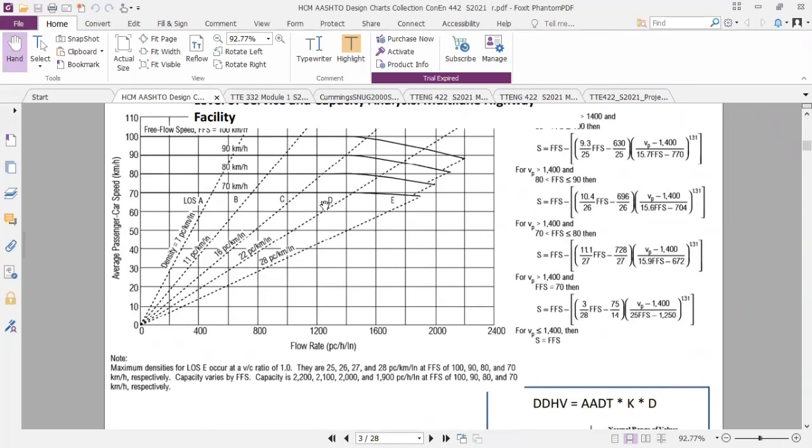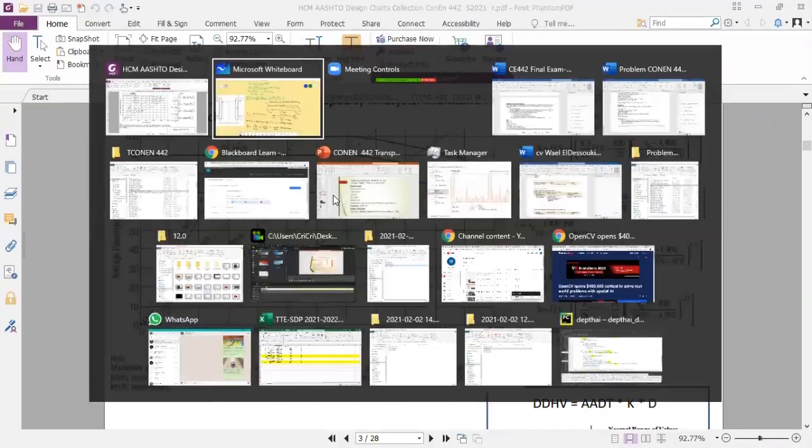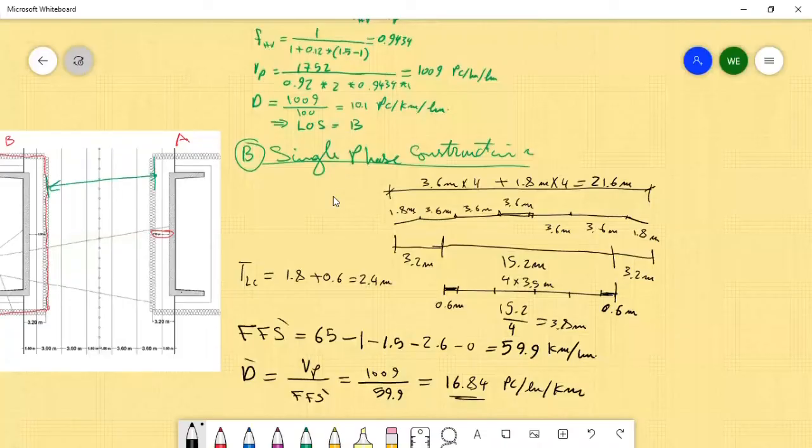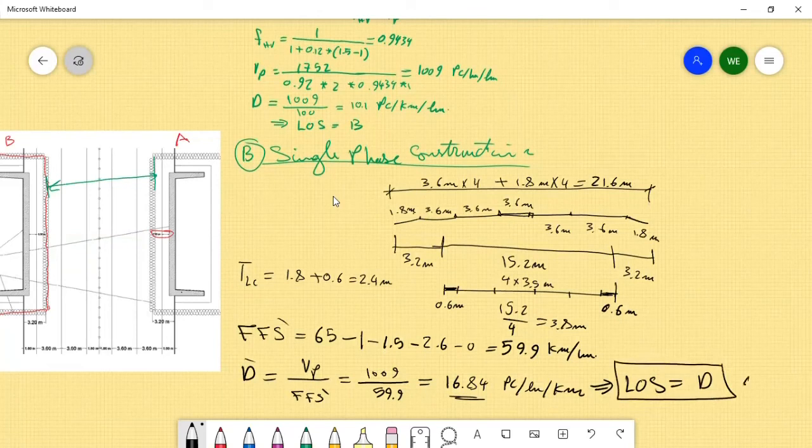So we are almost in a D zone, but even on a D plus, almost near to the C. So here, the level of service during construction equals D, which is acceptable because we moved from B to D. So we dropped two level drops.